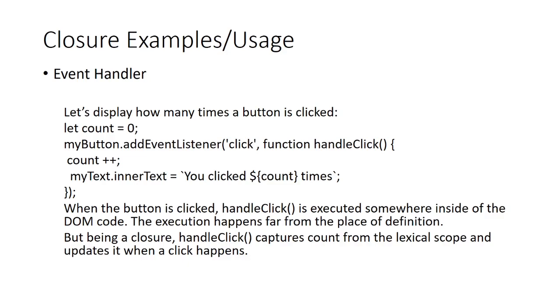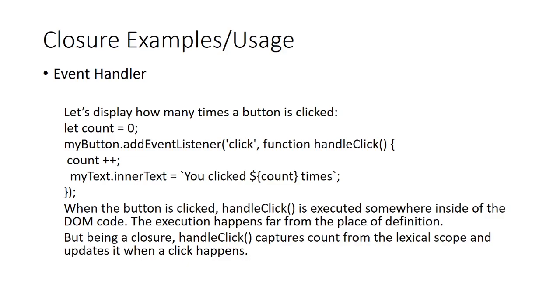Our place of definition is where we are doing count plus plus, accessing that count, which is 0. Whenever we click, we can still access this count variable there. That is actually the role of closure. So here handleClick plays the role of a closure, and it captures count from the lexical scope and updates it when a click happens.